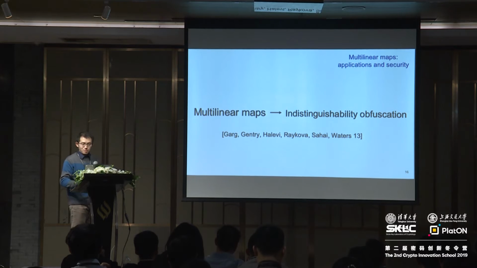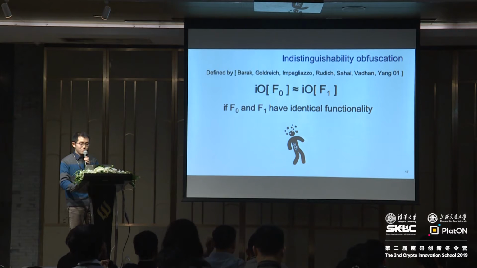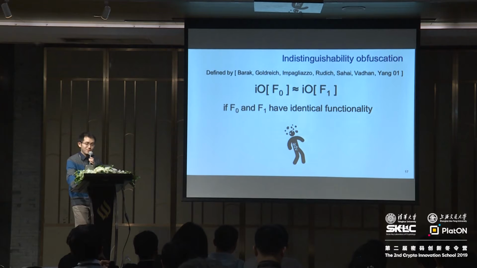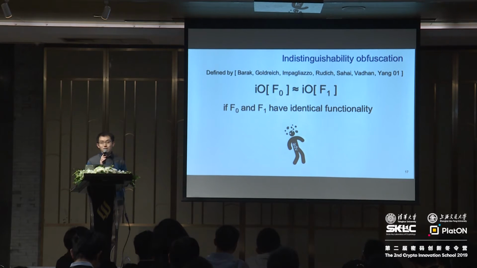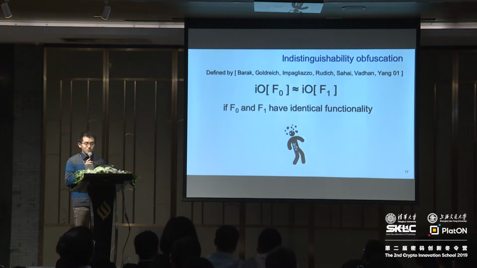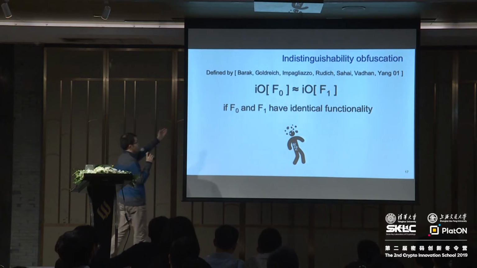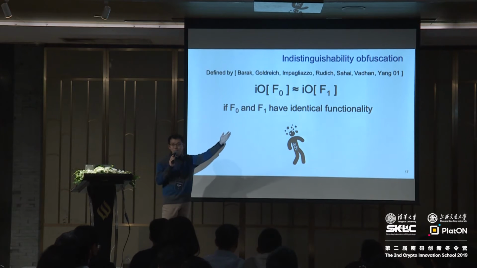So what is indistinguishability obfuscation? The definition was proposed in the beginning of the 21st century. An obfuscator is a compiler that takes a program, say F, and outputs an obfuscated code of F. We say an obfuscator satisfies indistinguishability obfuscation if you start from two programs which have identical functionality.